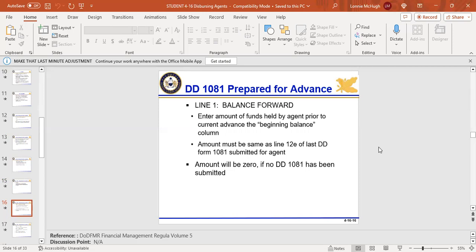You'll see beginning balance in column C. Say you had received $2,500, and your agent's threshold is that they're only allowed to have $3,000. If you give them $2,500 or they had it from the day before, you'll see it in that beginning balance.